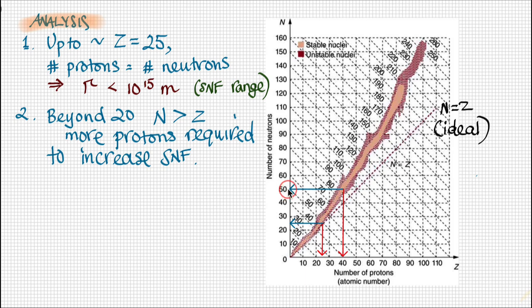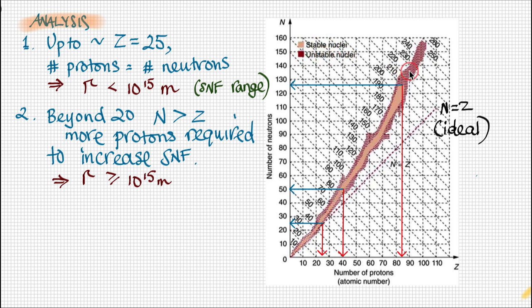Now obviously there's a limit to this. As we increase the radius, when we get to about here, you can see that according to our schematic, this represents our stable nuclei. Beyond this point here, which is Z equals 83, there are no more stable nuclei.